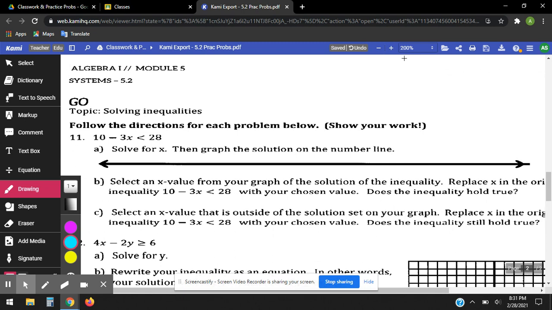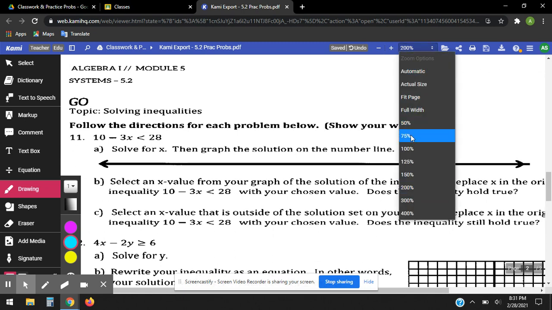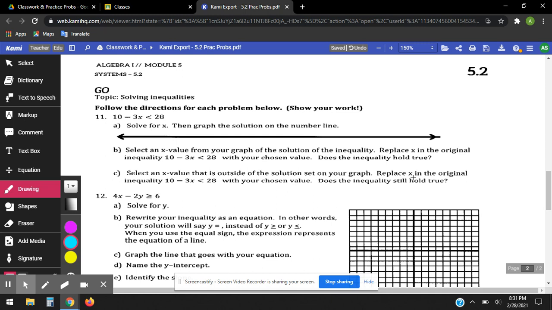Follow the directions for each problem below. Zoom that back out just a tad. Solve for x and then graph on a number line. Okay, so let's go ahead and do 10 minus 3x is less than, not equal to, just less than 28.